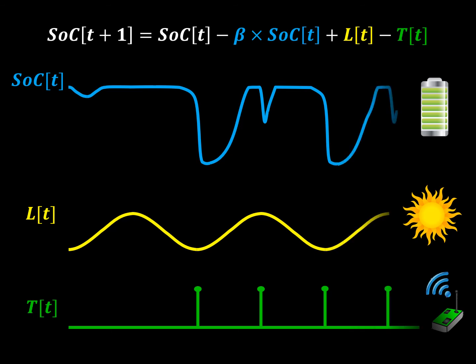And the same thing happens whenever a transmission takes place. So you can see that the transmission has a greater effect on the discharge of the battery than the measurement. Right? And whenever the transmission takes place, a sudden spike in the battery is observed.